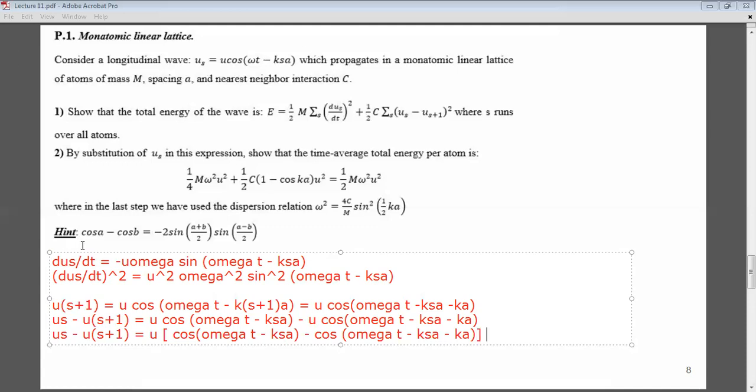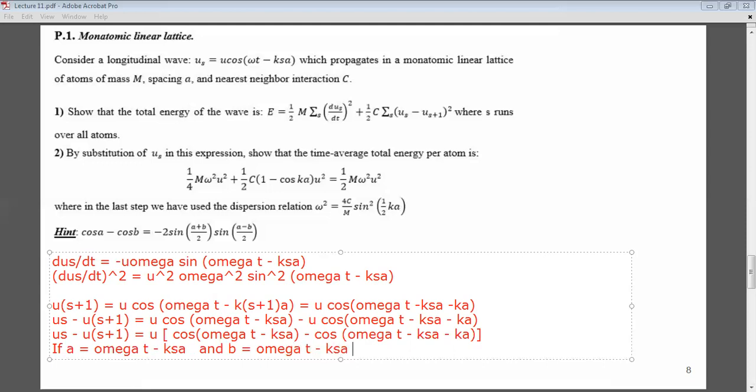Now we are going to use this: cos A − cos B is equal to −2 sin((A+B)/2) sin((A−B)/2). Here I have cos A − cos B, and here I have cos(ωt − ksa), so this is A and B is the other one. So A is equal to ωt − ksa and B is equal to ωt − ksa − ka.